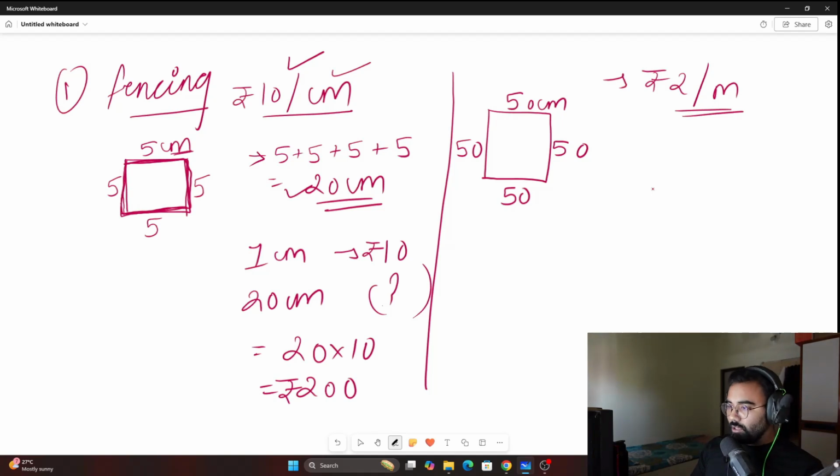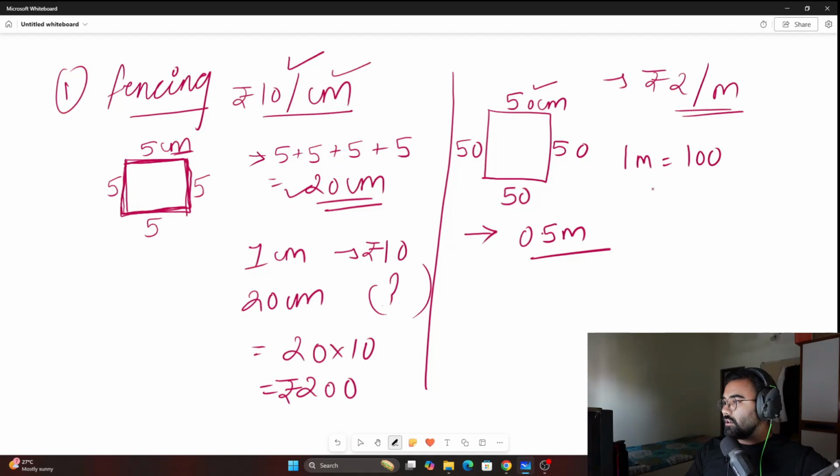You need not worry. First of all, what are you supposed to do? There are two different approaches over here, and students can take either one of them. Number one is you convert 50 centimeters to meters directly. That is 0.5 meter. If you don't remember, 1 meter is 100 centimeters. So you straight away converted each side.